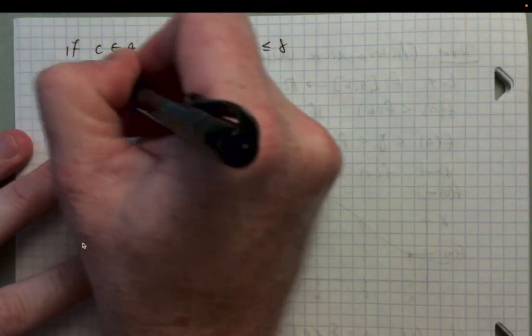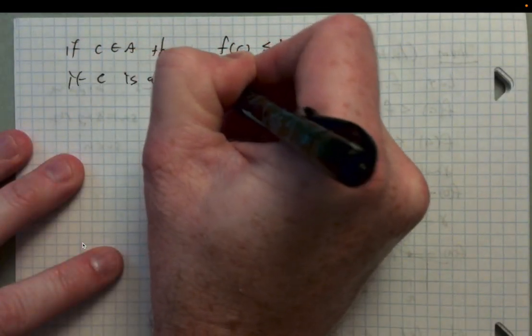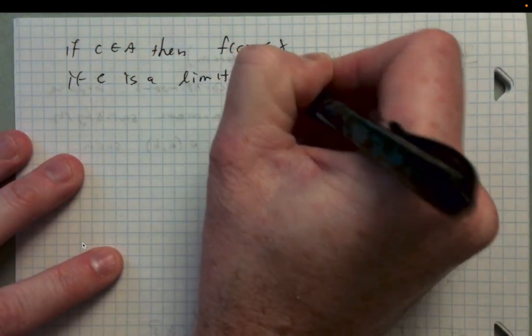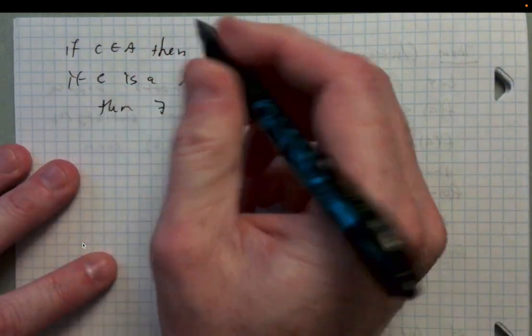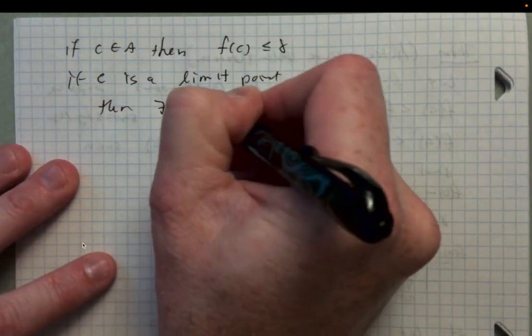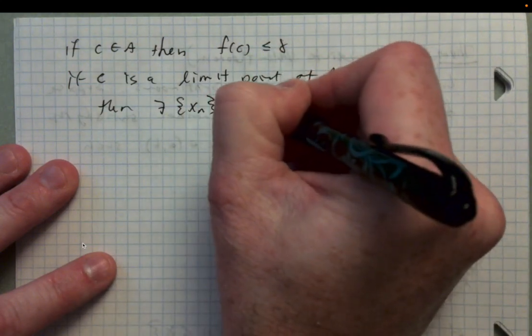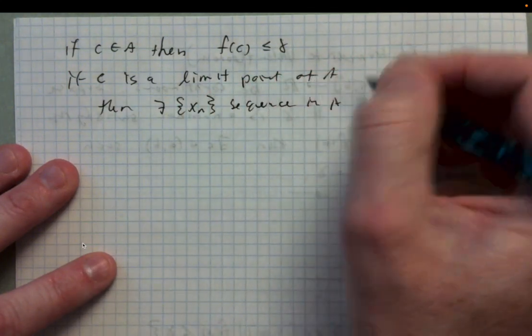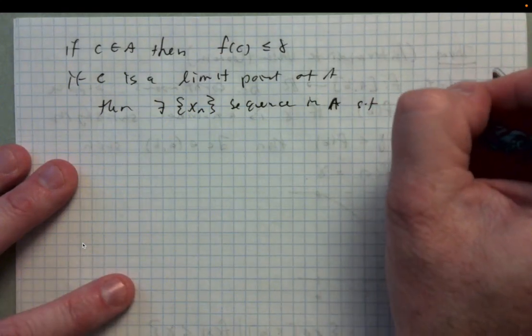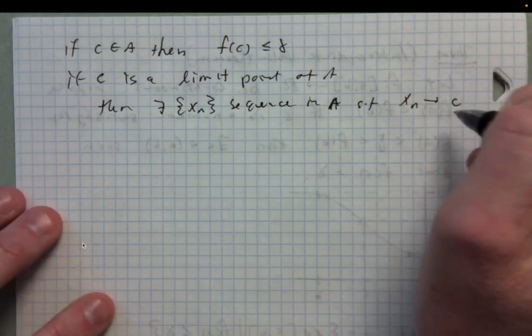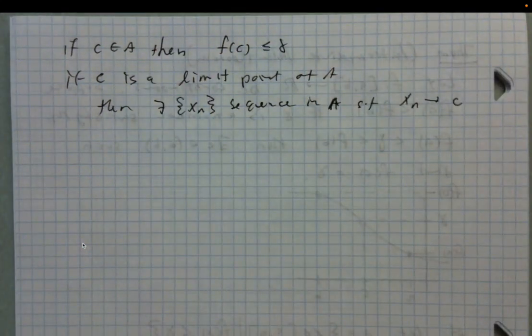And if C is a limit point of A, then there exists x of n, a sequence in A, such that this sequence x of n approaches C, because C is the supremum.